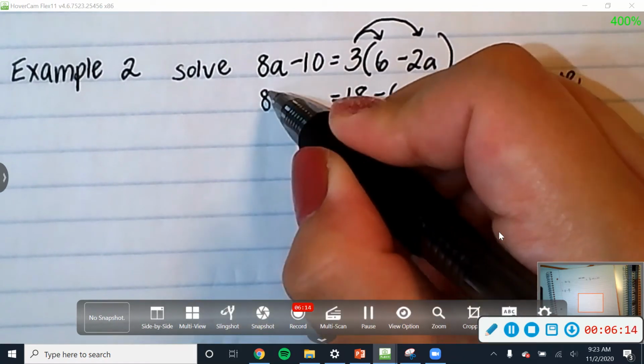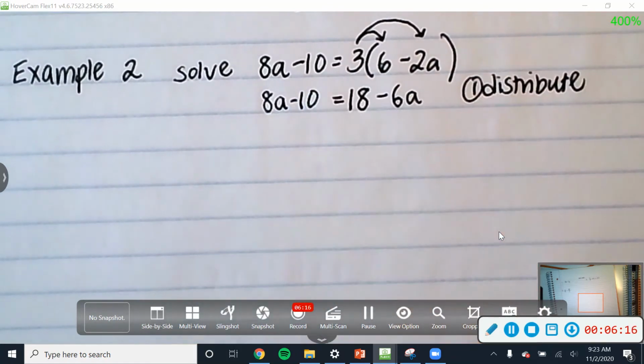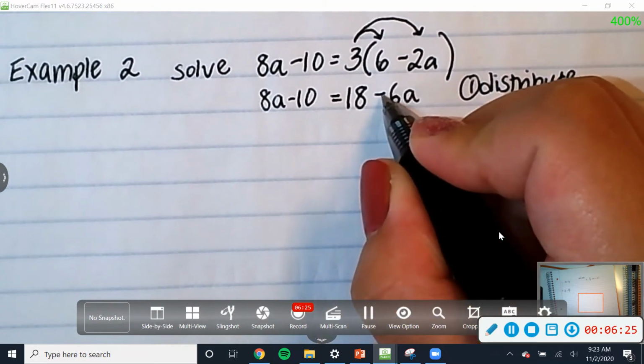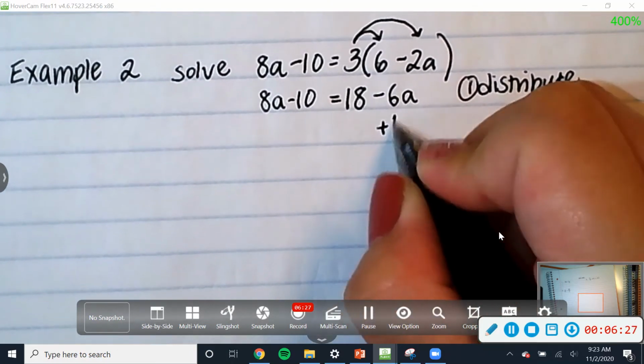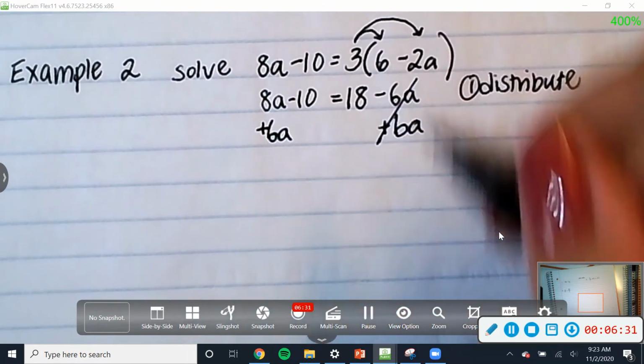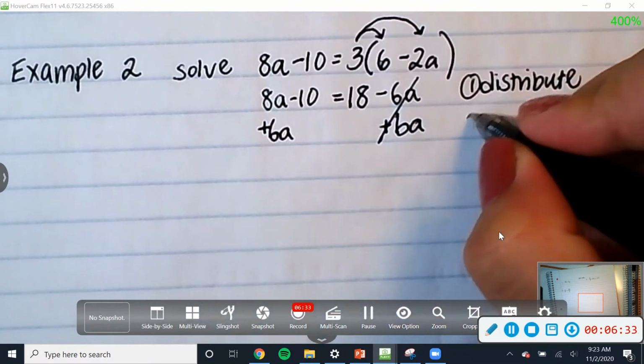On this side, nothing changes. It's still 8a minus 10. Then we solve like we did for the first example. We want to get rid of this variable here. Because this is a negative 6a, I'm going to add 6a to both sides, because that will cancel it out. So I only have variables on the left.